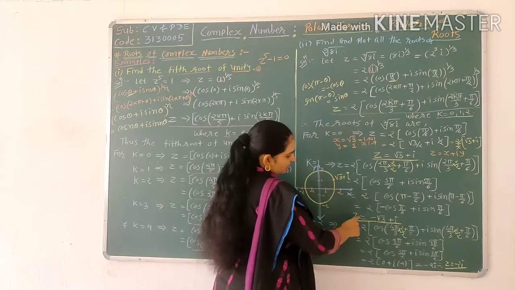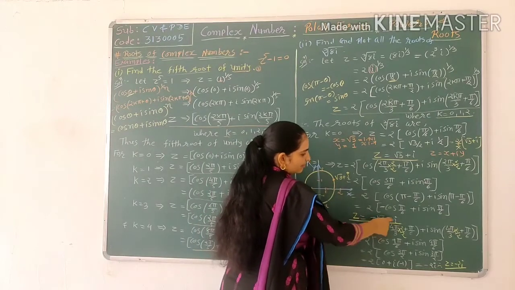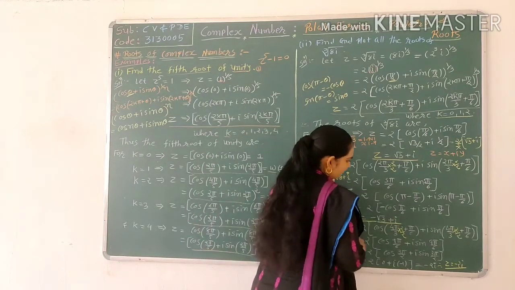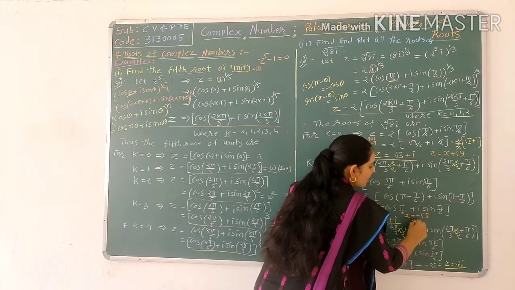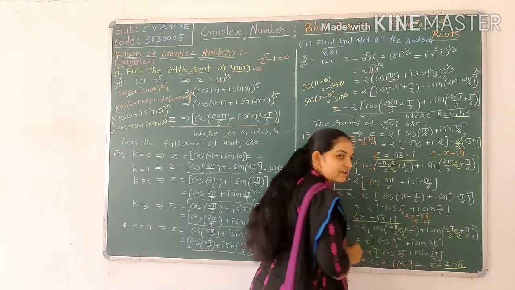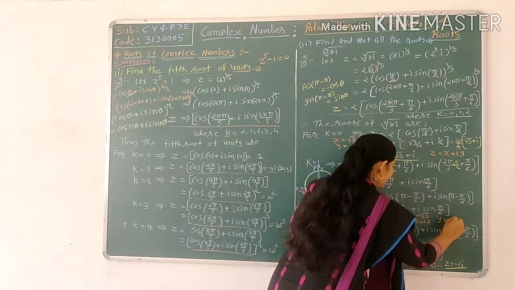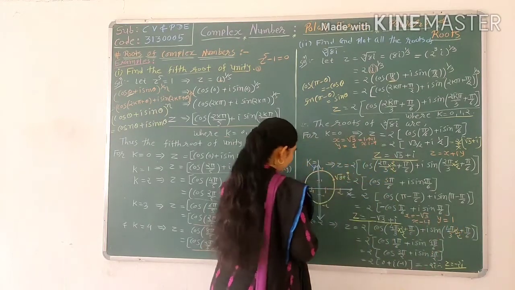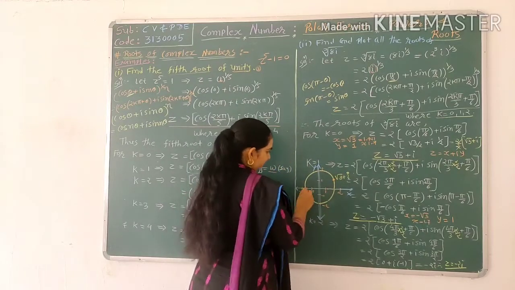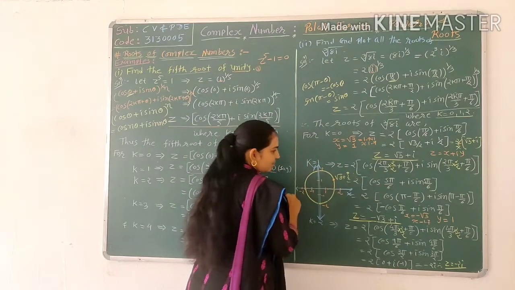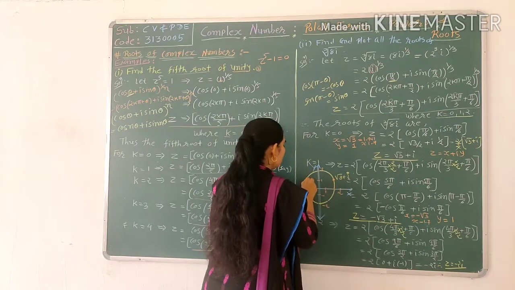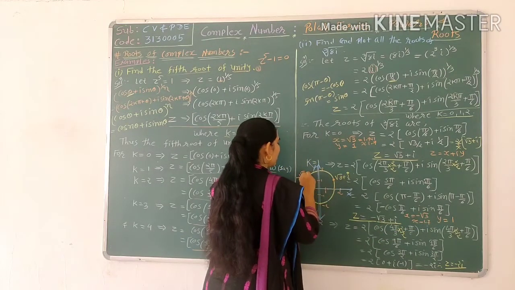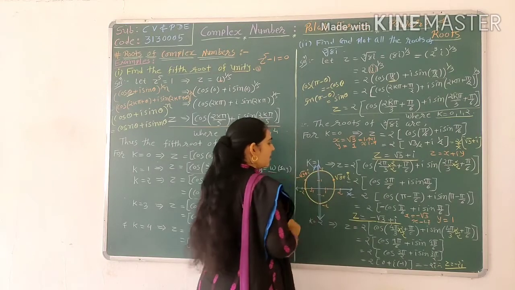Now same as next is −root 3 + i. That means here x is equal to −root 3, approximately −1.7, and y is equal to 1. Therefore, this point is −root 3 + i.